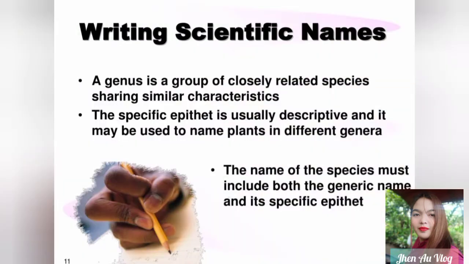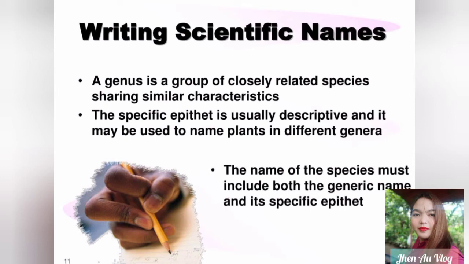A genus is a group of closely related species sharing similar characteristics. The specific epithet is usually descriptive and it may be used to name plants in different genera. The name of the species must include both the generic name and its specific epithet.